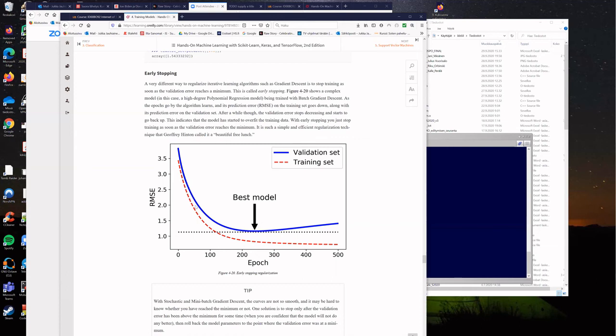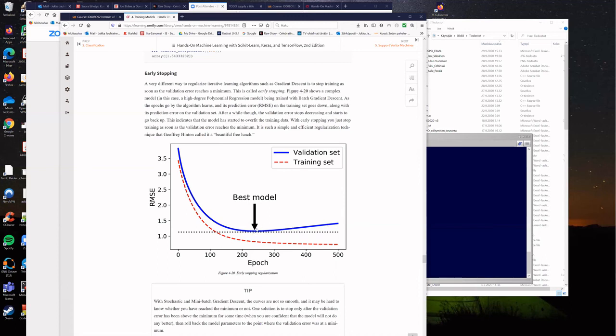This training set error goes very low in smaller values, but this validation set reaches a minimum here. So here you get the best model. When the validation error starts to increase, then you know you have gone too far.